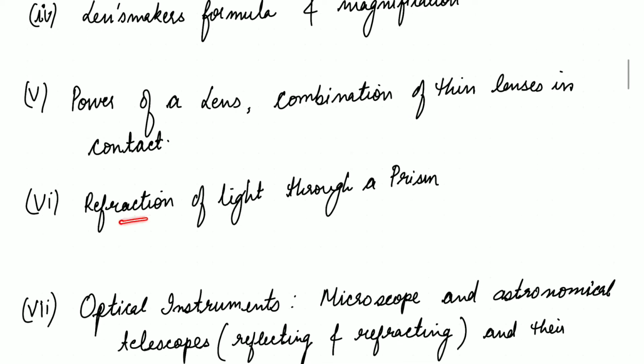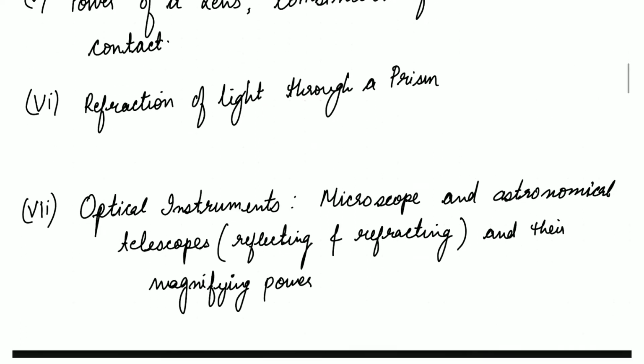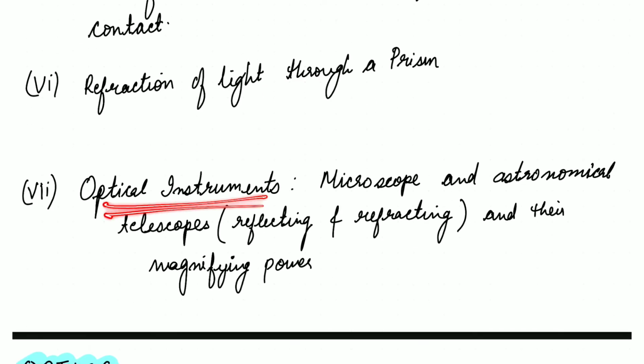Next topic is refraction of light through a prism. We'll talk about the prism and how refraction happens in a prism. And finally we will discuss optical instruments, like the microscope and astronomical telescope, reflecting and refracting, and we'll talk about their magnifying power or magnification.